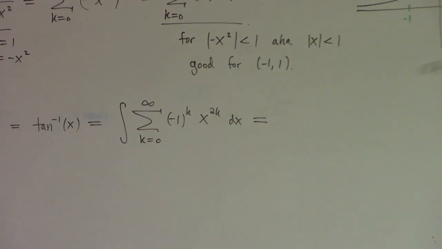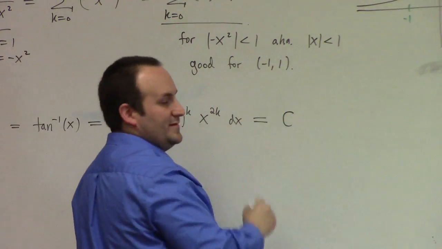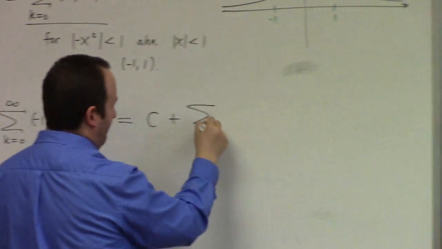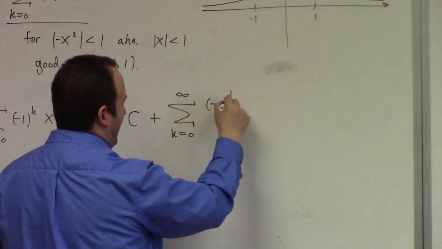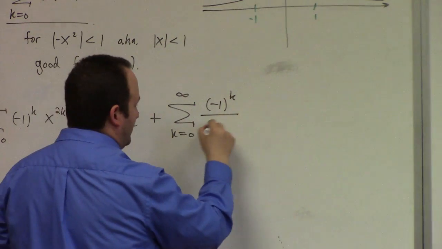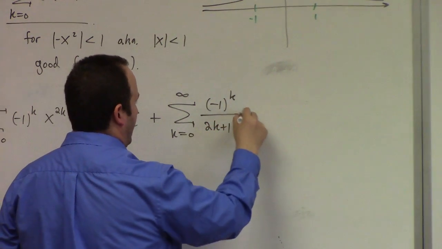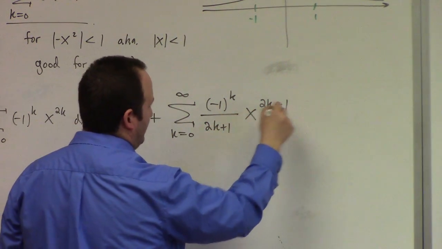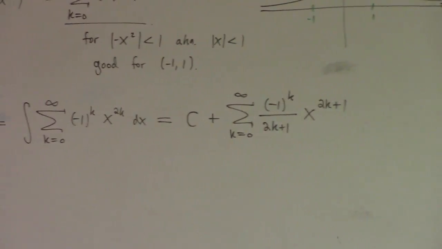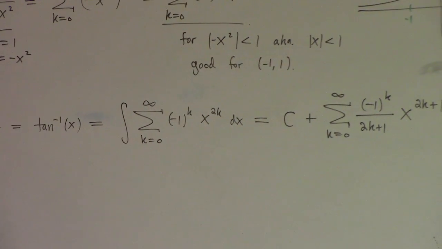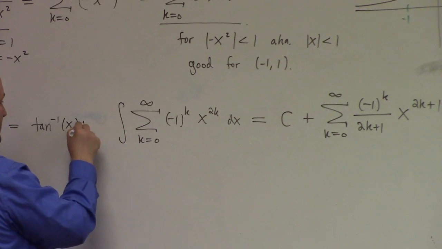So by the term-by-term integration theorem, I get a constant plus the sum, k equals 0 to infinity, of minus 1 to the k, divided by 2k plus 1, x to the 2k plus 1. How do you figure out the constant? I mean, inverse tangent's a function, right? I guess this would also be plus a constant, fine, plus c1.